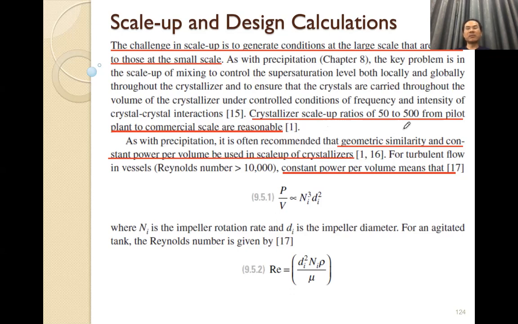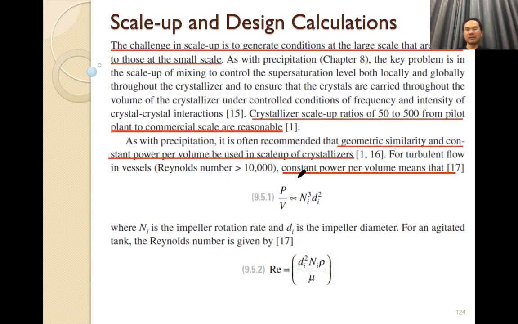For this case, mostly we apply the geometry similarity and constant power per volume. What does it mean? For the lab scale, the geometry of the crystallizer should be the same as the large scale, and the power per volume used in lab scale also is the same in the large scale. For this case, we can apply the formula for the turbulent flow, that's Reynolds number greater than 10,000.